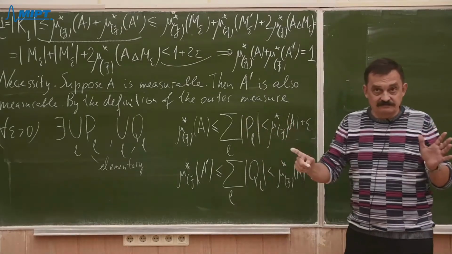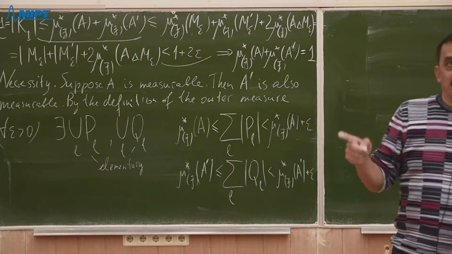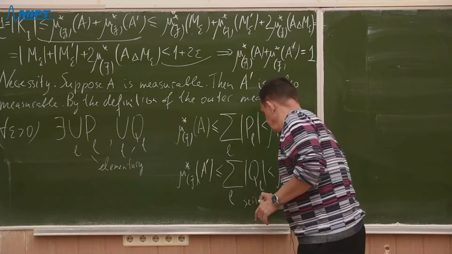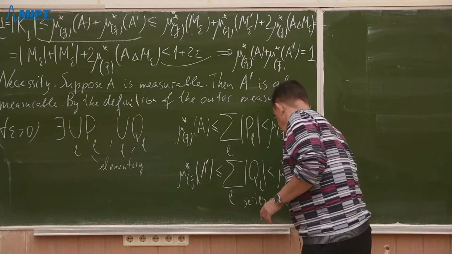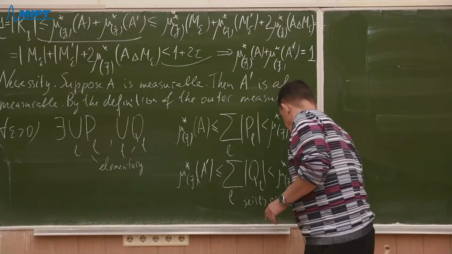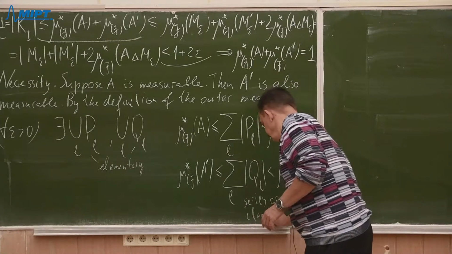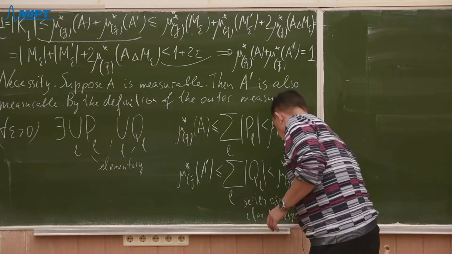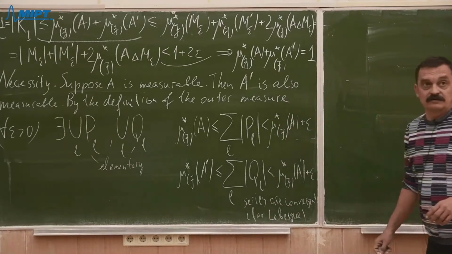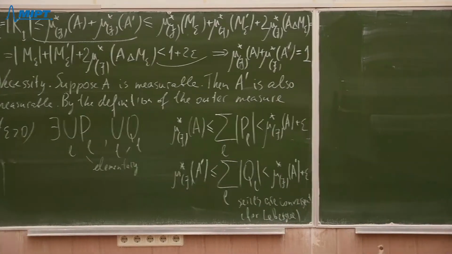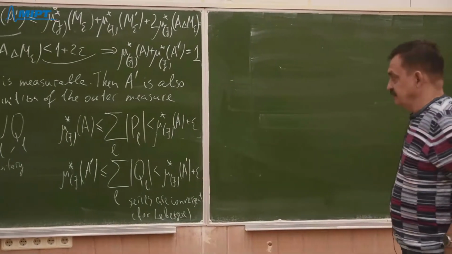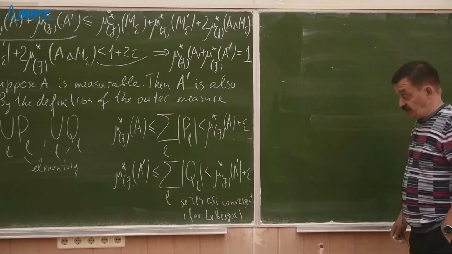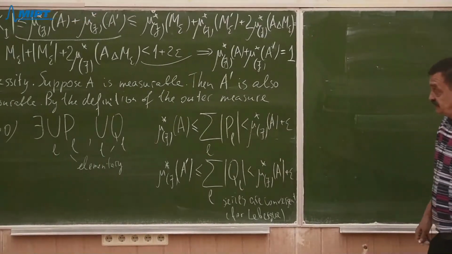But here not. Why? Because of that inequality. So the sum of the series is finite. So those series are convergent for the Lebesgue case. For Jordan, there is no series, so we don't need to consider such a problem. For Lebesgue, we have a series, but it converges in both cases.